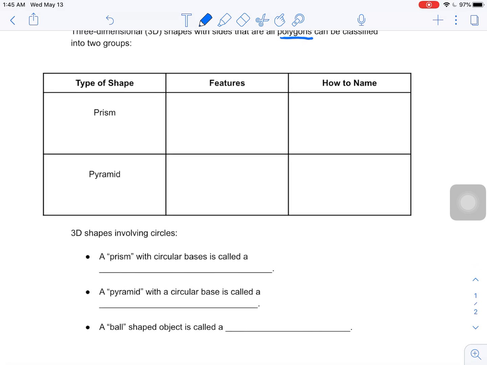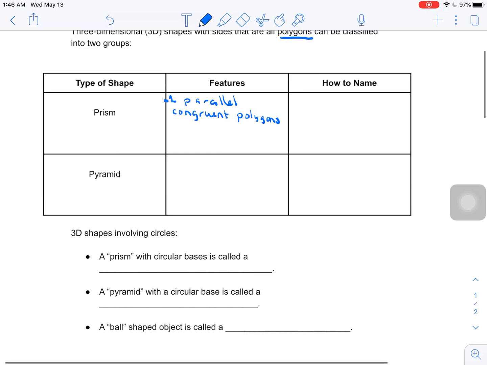So a prism, the way you can kind of tell a prism and a pyramid apart. A prism will always have two parallel, so that means they're running the same direction as each other and they'll never touch. So two parallel, congruent, so that means they're exactly the same size and the same shape, polygons.